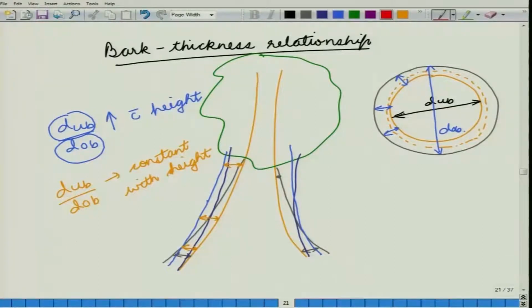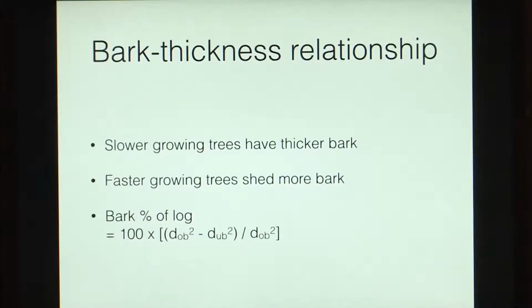In some species, this ratio DUB by DOB might decrease with height, which would mean that the bark volume percent increases with height. Now, it is known that slower growing trees have thicker barks, because the faster growing trees shed their bark as they grow up. Now, we have this equation, bark percentage of log.